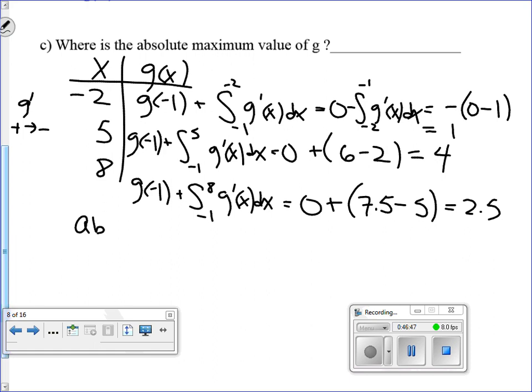So the absolute max occurs at x equals 5. But what you always want to do for a justification with this type of problem is make a statement in the beginning: absolute max can only occur at an endpoint or where the derivative changes from positive to negative. Okay.